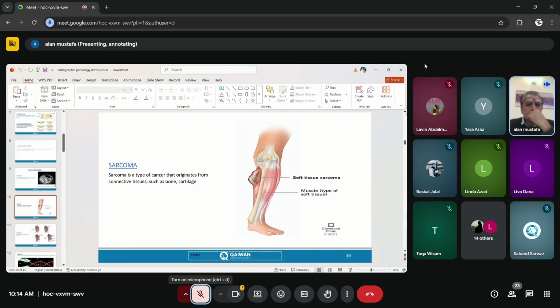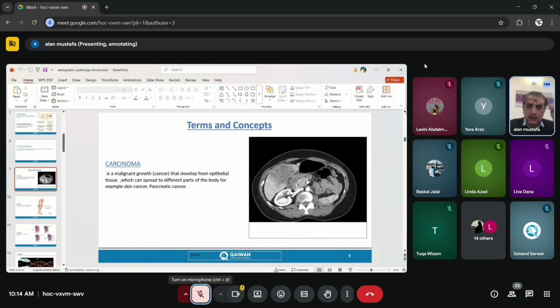Most of the cancers arise from the epithelium, from epithelial cells, as mentioned here. If you read the carcinoma definition, it is a malignant growth that develops from the epithelial tissue. So if the tumor arises from epithelial cells, we call it carcinoma.